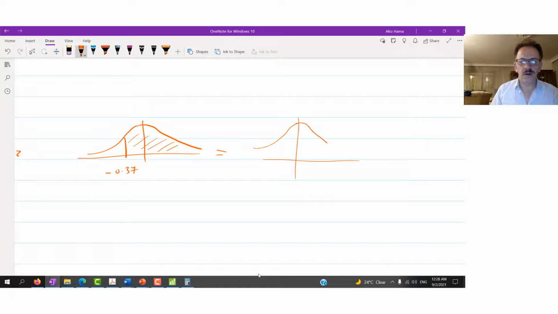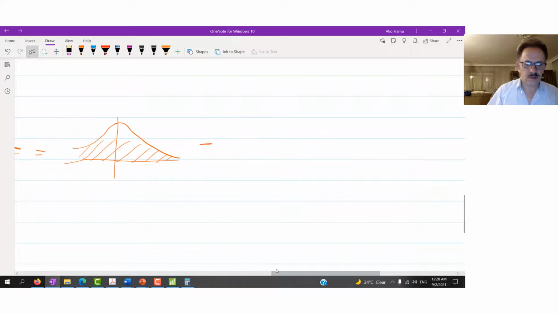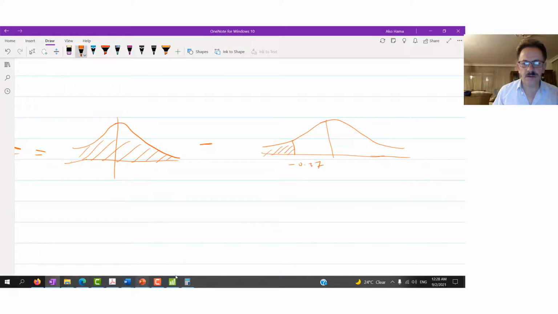the whole area under the normal curve, which is equal to 1, minus this part, and this part is equal to minus 0.37.